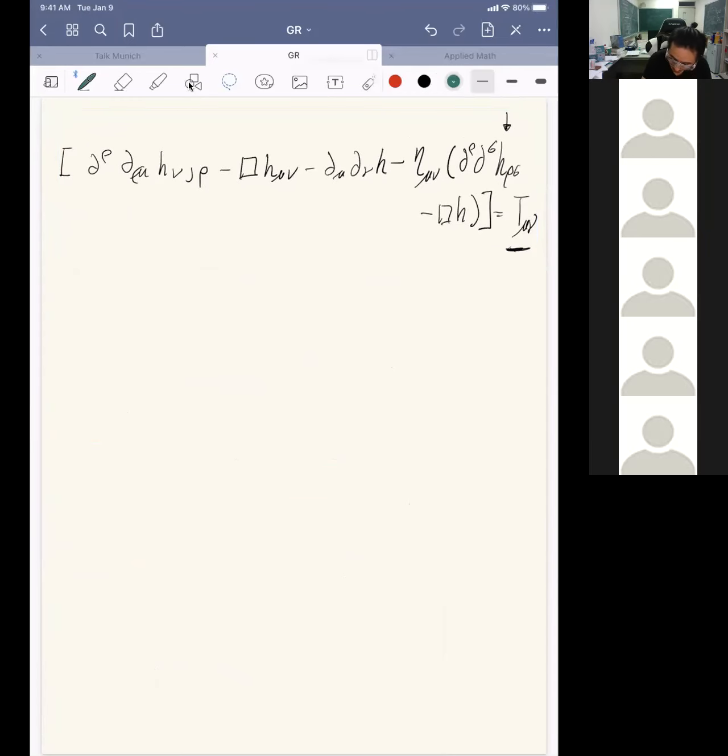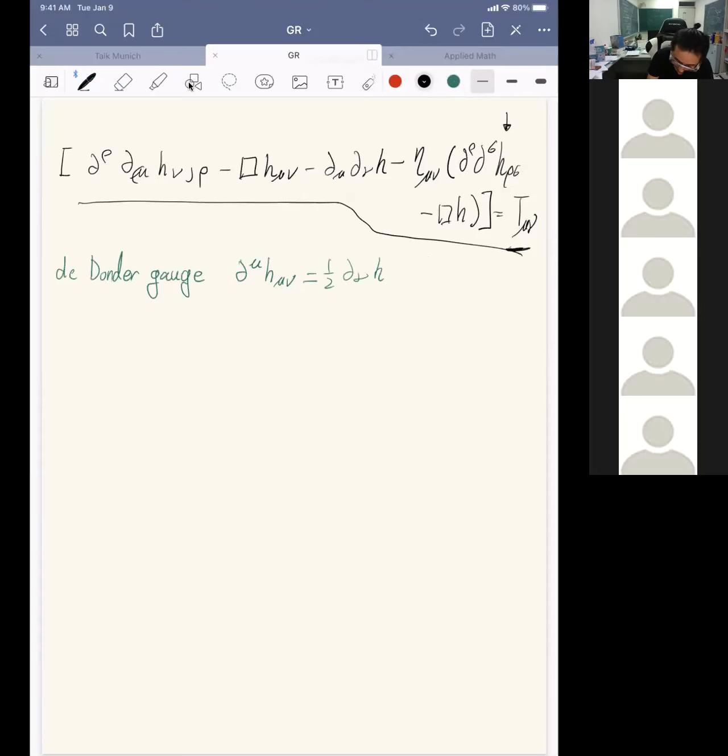Remember, in the de Donder gauge we have ∂^μ h_μν minus a half ∂_ν h equal to 0, so I'm just going to use this.